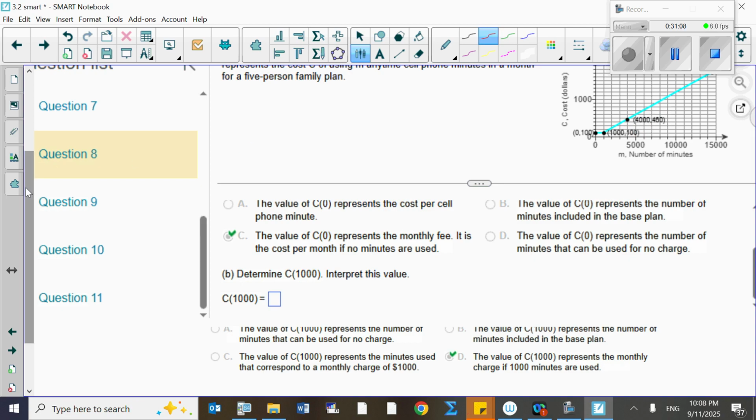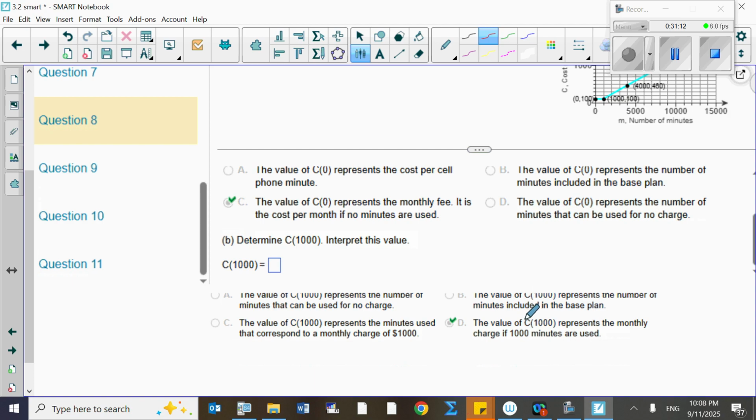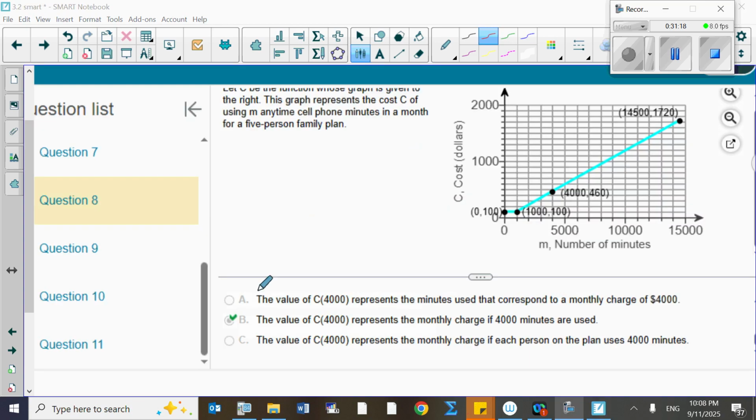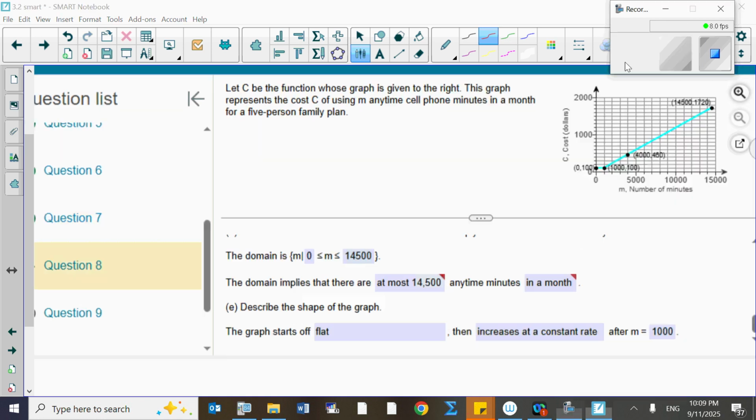So the value of C of 1,000 represents a monthly charge if 1,000 minutes are used. Next is C of 4,000, and on the graph you can see the value of that, which is this number, and that means the value of C of 4,000 represents a monthly charge if 4,000 minutes are used.